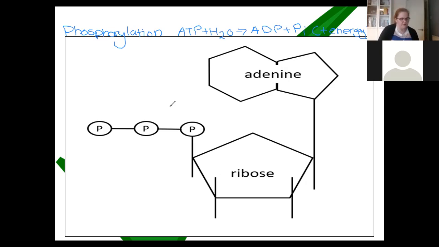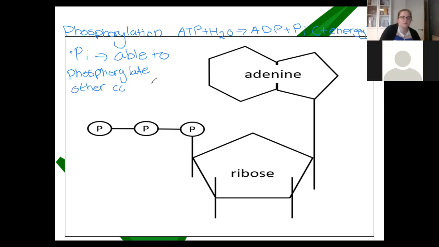This inorganic phosphate, our Pi, is able to phosphorylate other compounds. And this is actually really useful.